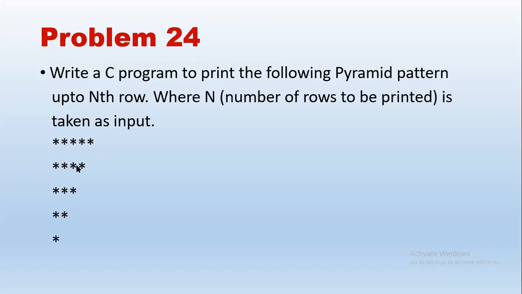This is somewhat similar to pattern 2, but in reverse. We printed one value in row 1 and then incremented each time. But here we have 5 stars in row 1, then 4 stars in row 2, 3 stars in row 3, 2 stars in row 4, 1 star in row 5. So it is decrementing; previously it was incrementing.